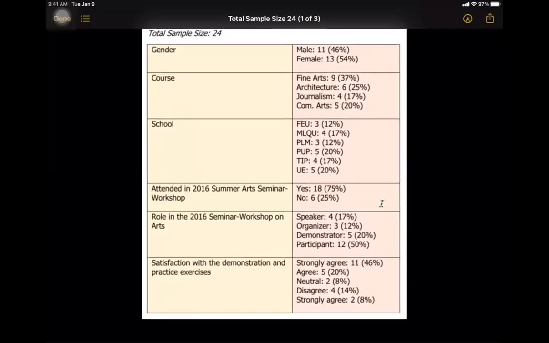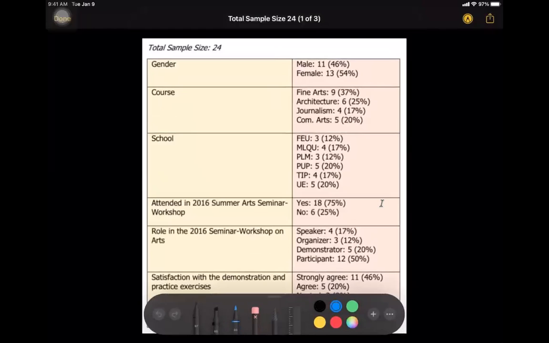But in this case, let me highlight a little bit. So this gender here is your first column, so that's your variable. Your male and female here are your sub variables. Your numbers 11 and 13 here are your frequency, while 46 and 54% here are your percentage.